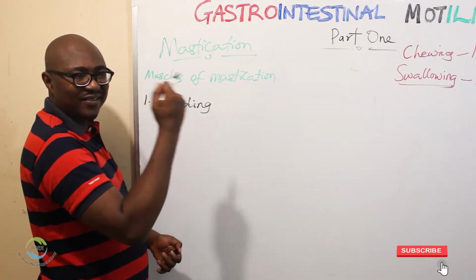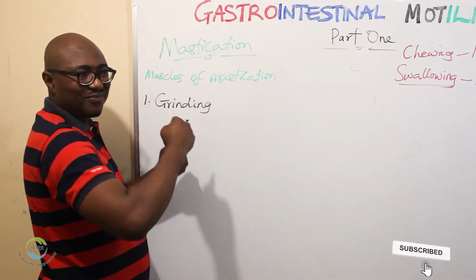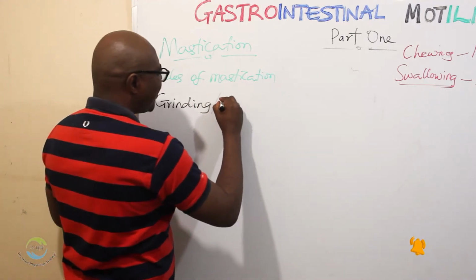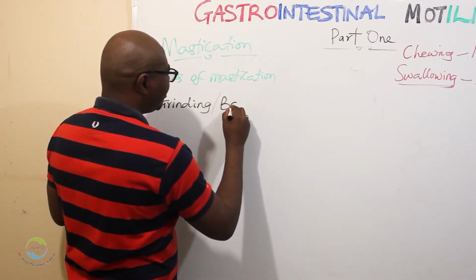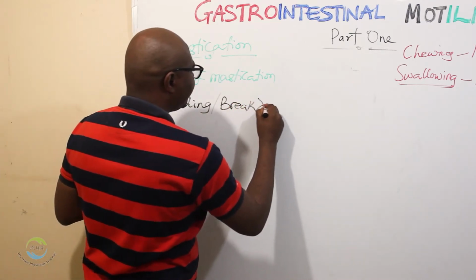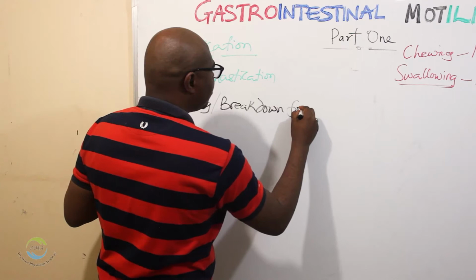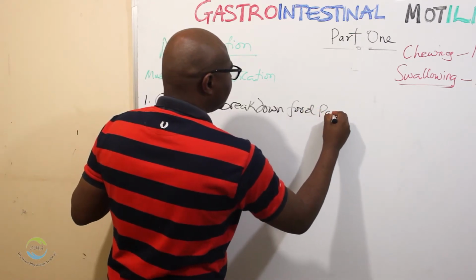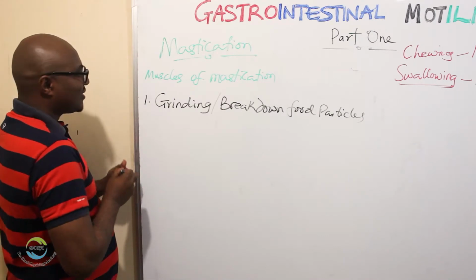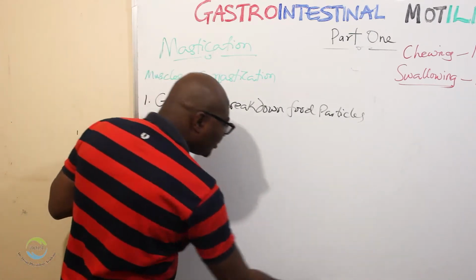These teeth are very powerful to do the major work of grinding. Okay? Grinding and breaking down large chunks of food and breakdown of food particles. Okay? Does a lot of that. That's mastication.